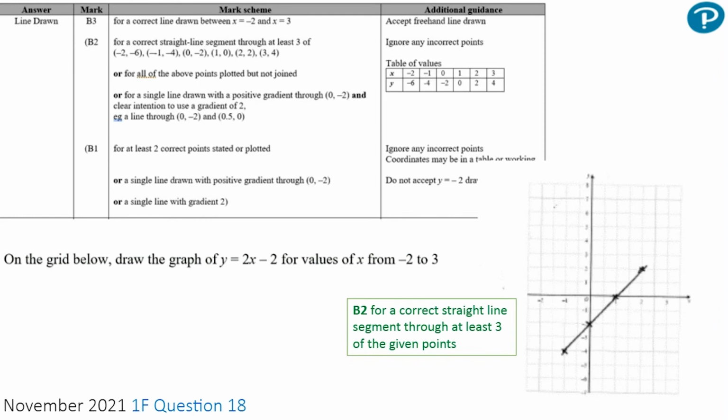But it's not complete, so they need to have drawn it from -2 to 3. If they don't extend it, and we used to, so if you look at the B1 down the bottom, the B2, create a straight line segment through at least 3 of the points. So it's at least 3 of the points.